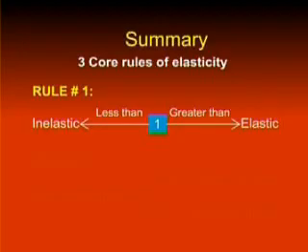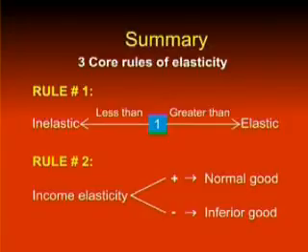Bang in the middle, we have unit elasticity of demand, that is, total revenues will neither increase nor decrease in response to an increase or decrease in price. This is because the change in quantity fully compensates for the change in price.